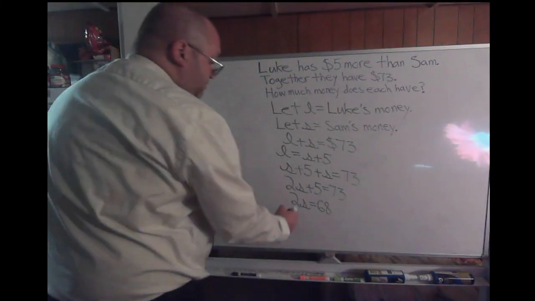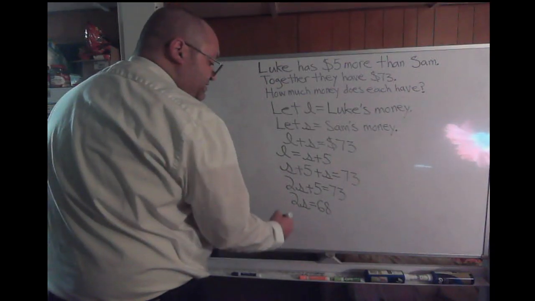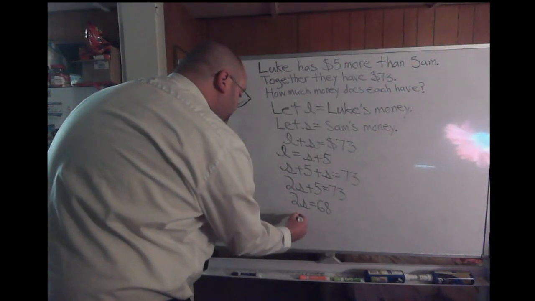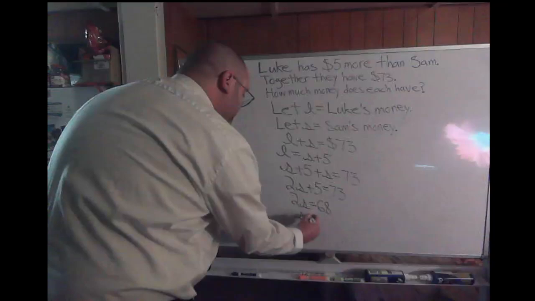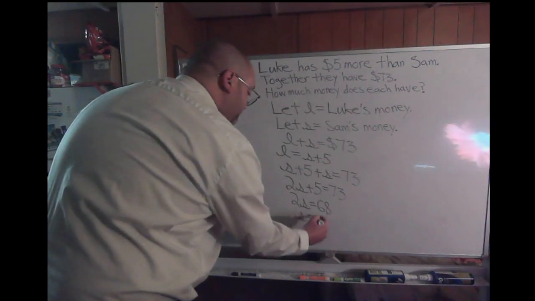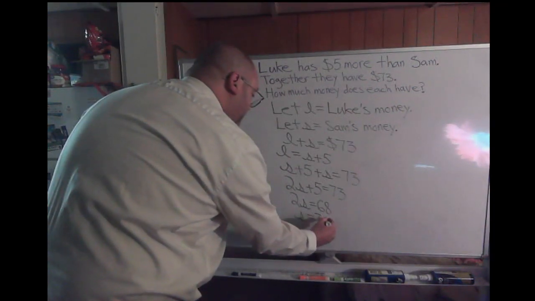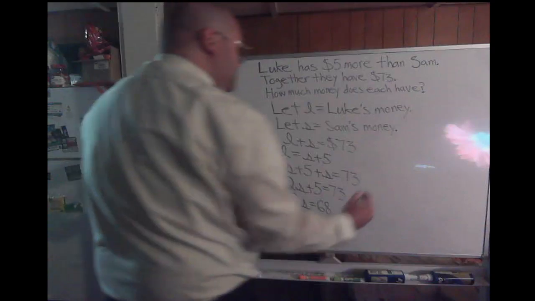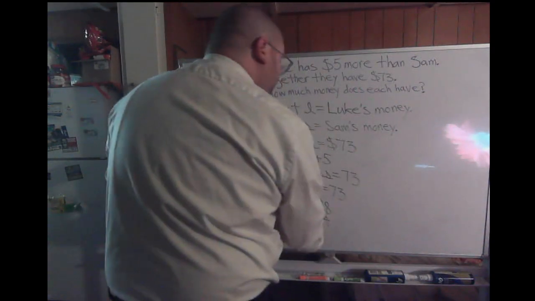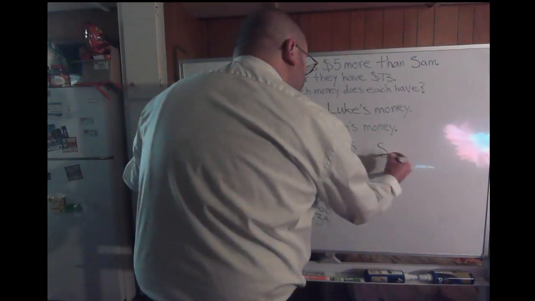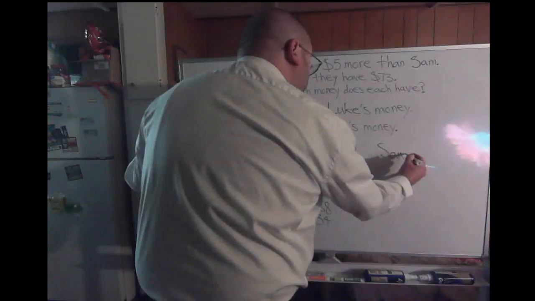Well, we have 2S, we want to just find S, so you got to divide both sides by 2. Divide 2S by 2, you just get S. Divide 68 by 2, you get 34. So S is for Sam, so Sam has $34.